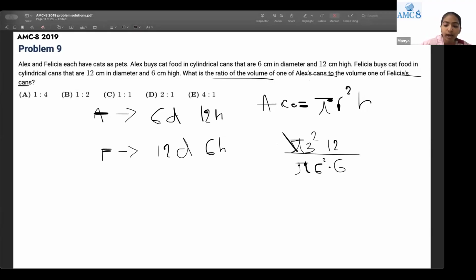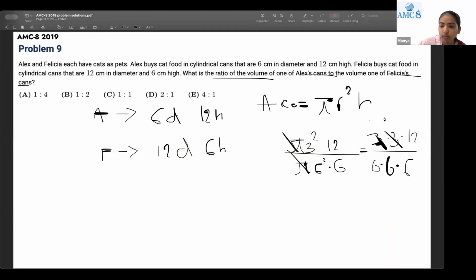The pi and pi cancel out, and we're going to be getting 3 times 3 times 12 over 6 times 6 times 6. And so we can just cross these off.